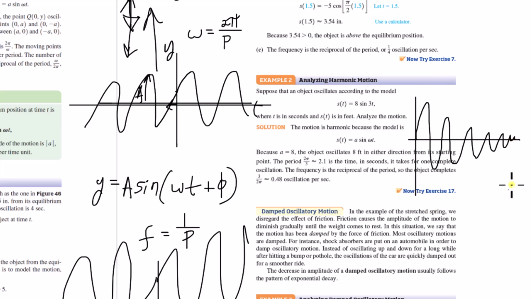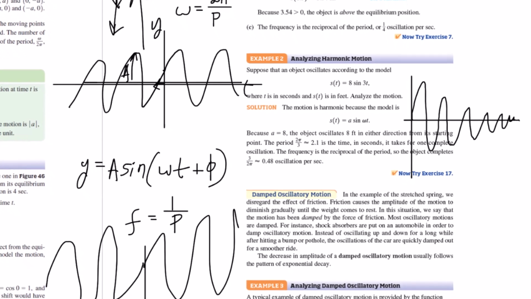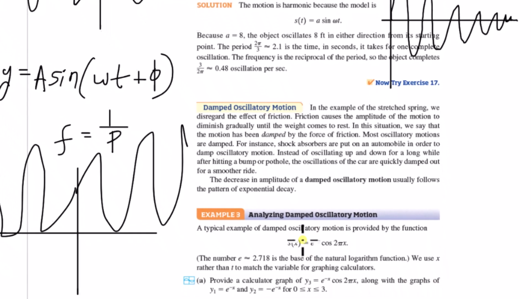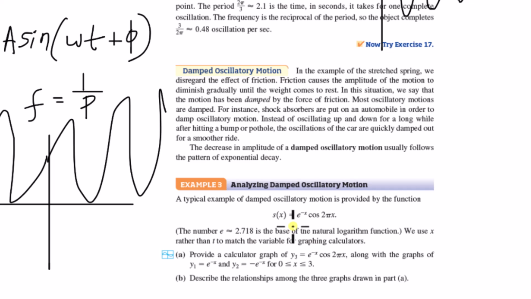You can still model this with sinusoids. You see they apply an exponential decay multiplying the sinusoid, so the e to the minus x is what gives you that damping.